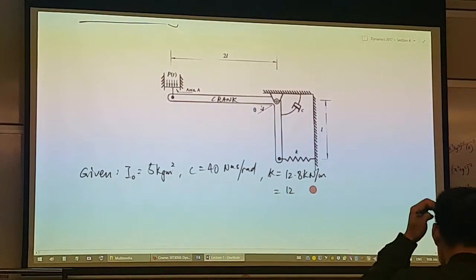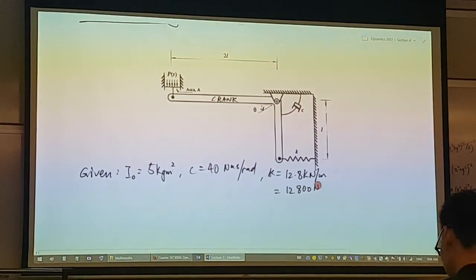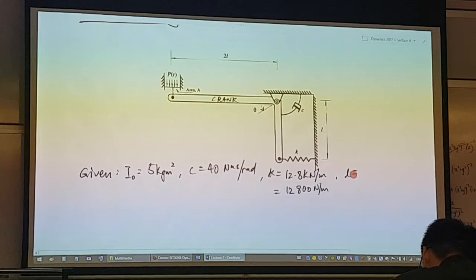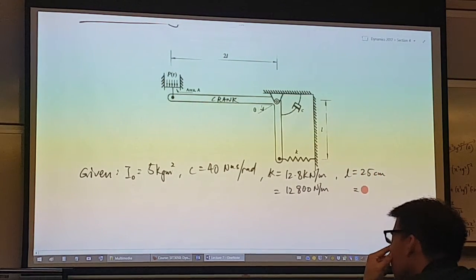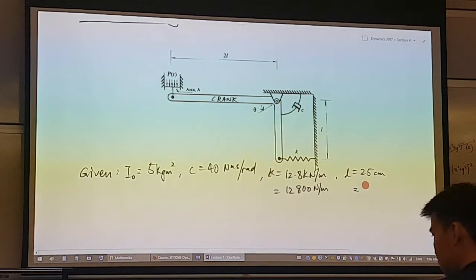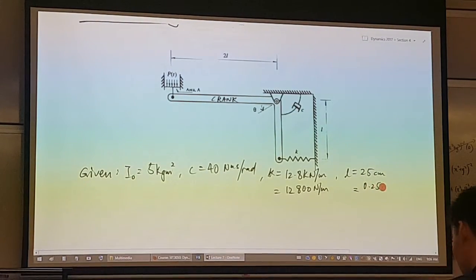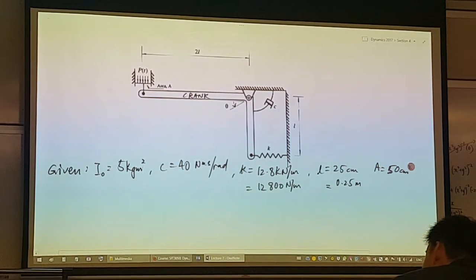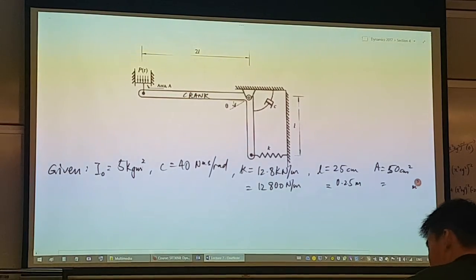So I would write up front in this form. The length given as 25 centimeters. Again, I would like to change it into meters so that I don't make any mistakes later. And then area, 50 centimeter square. Again, change it into meter square.